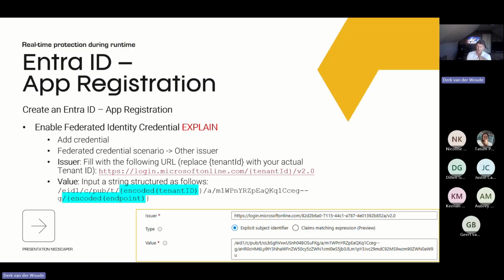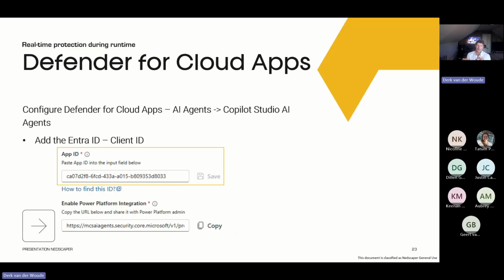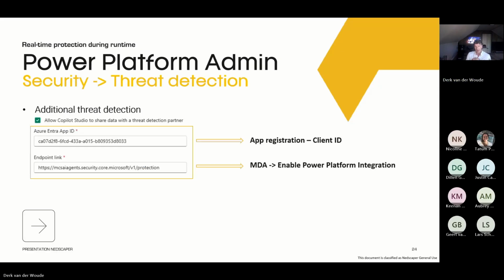With that, the app registration is configured. You now have a client ID, and you copy the client ID back into the Defender for Cloud Apps field. This part of the configuration is done. Then in the Power Platform Admin Center, you copy both URLs into the specified fields. With that, the real-time protection during runtime is configured and enabled.